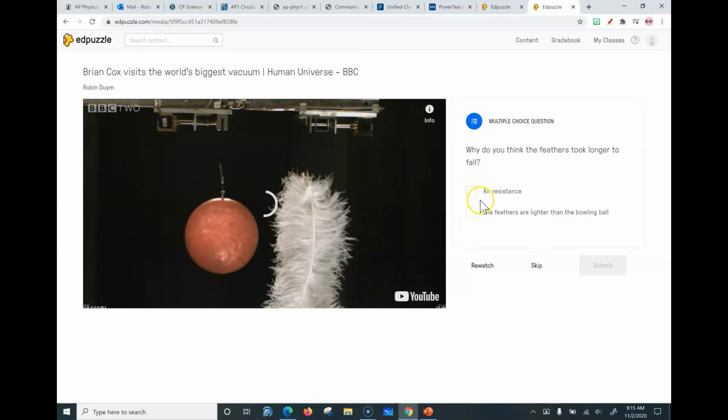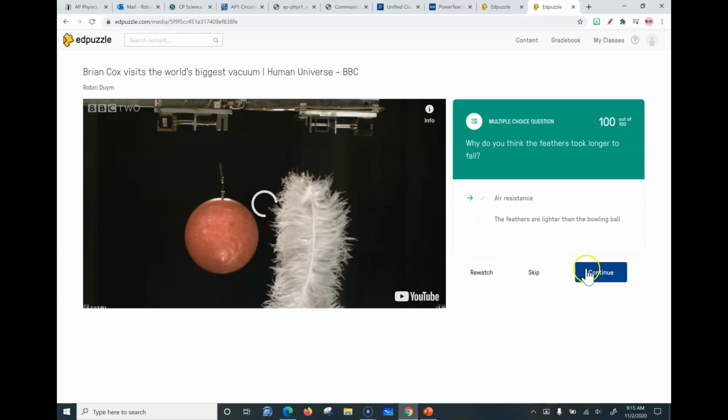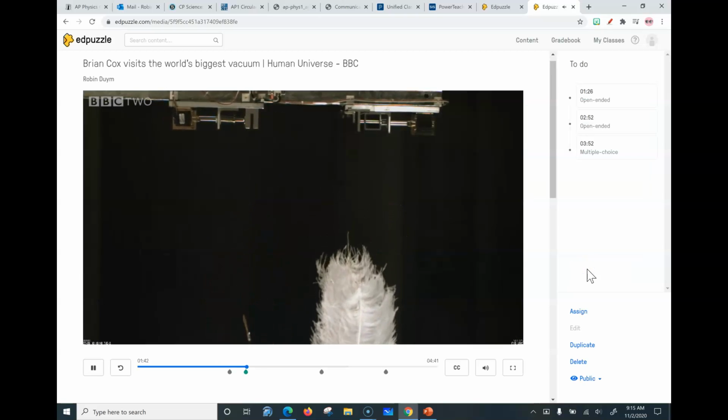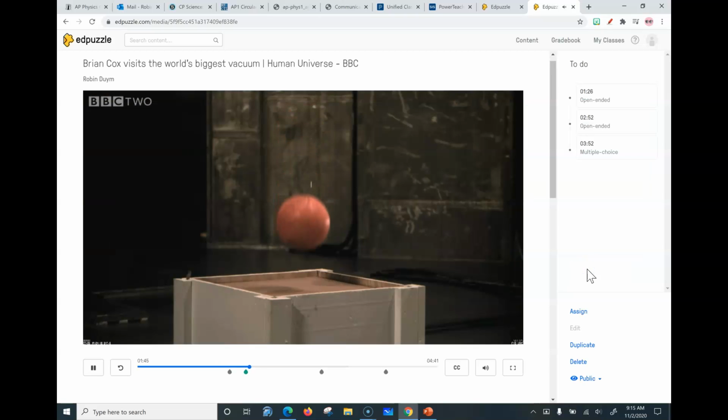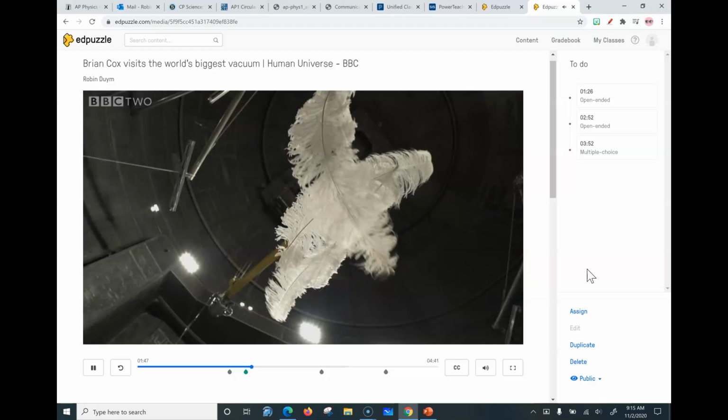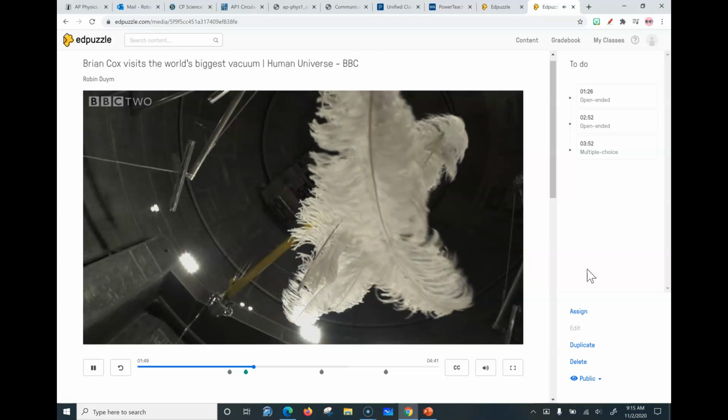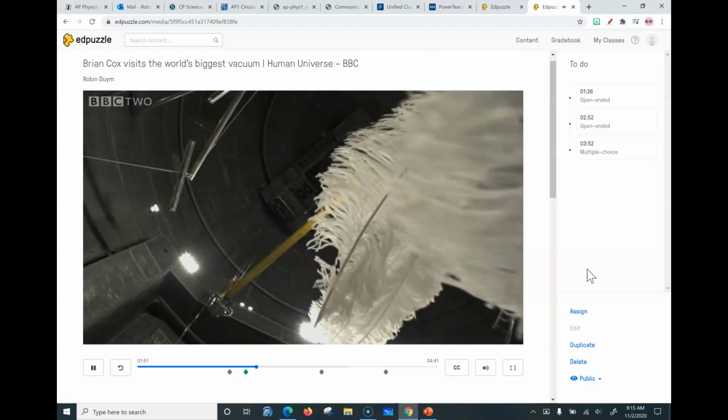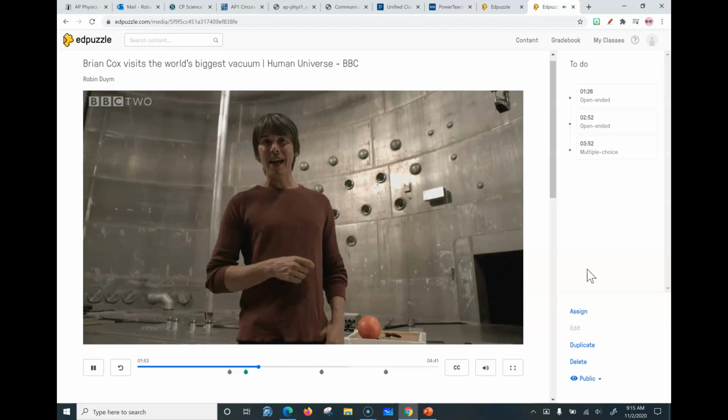And why do you think the feathers took longer to fall? Most people used to think that the feathers were lighter than the bowling ball, and that is why. But it's really because of air resistance. So, in order to see the true nature of gravity, we have to remove the air.